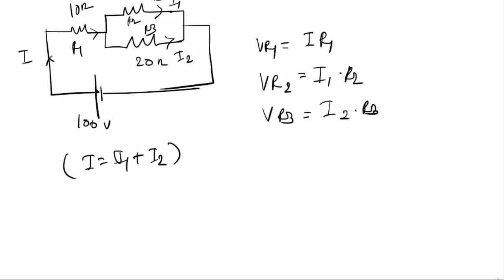So this is what I'm doing, and while solving this full problem, what you get by applying the KVL is minus 100 plus I R1 plus I1 R2 equal to 0.